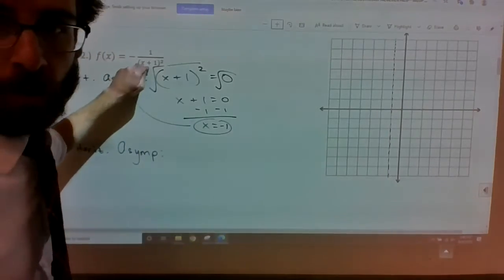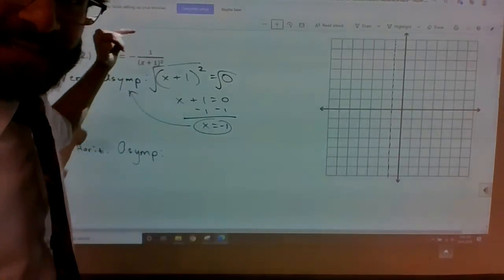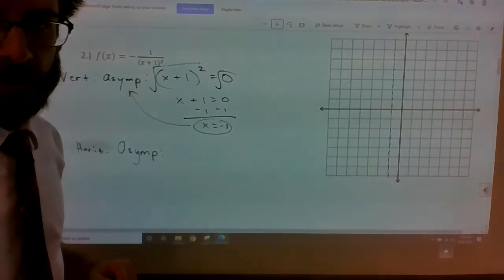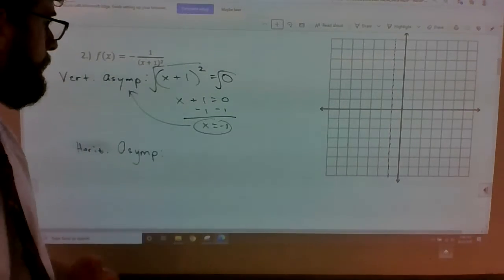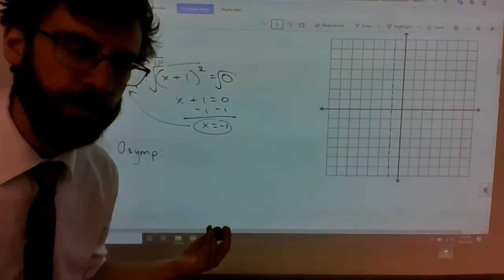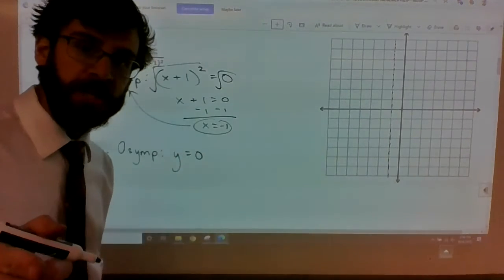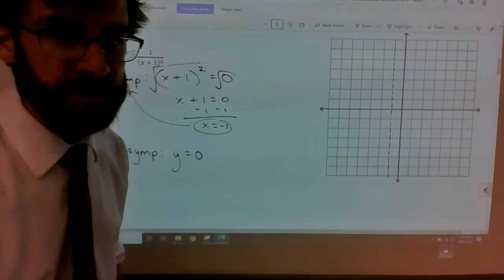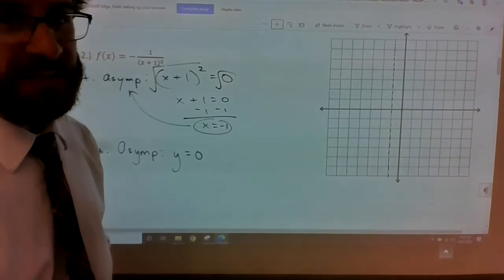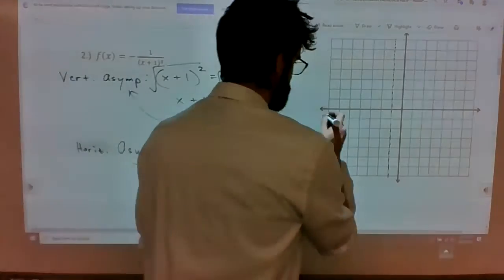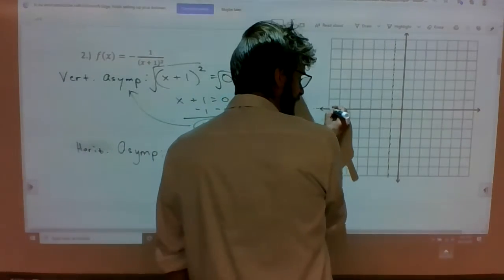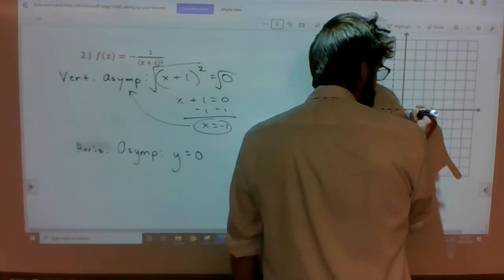If the leading power on the bottom is bigger than the leading power up top, which it clearly is, there's not even a variable up top, it's always 0. You want to confirm that? Plug in 1,000,000 in your calculator. You'll find a number that's just a little bit smaller than 0. So the x-axis acts as a boundary.